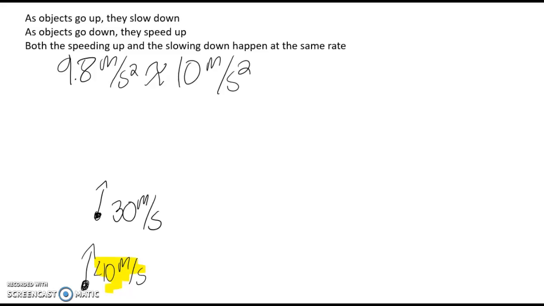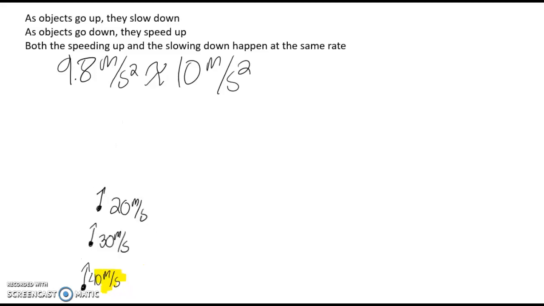After another second, it's still going up again, but now it's decreased by another 10 meters per second. So we're not going up at 30 meters per second anymore. We're going up at 20 meters per second. And after another second, we're no longer even going up at 20 meters per second.